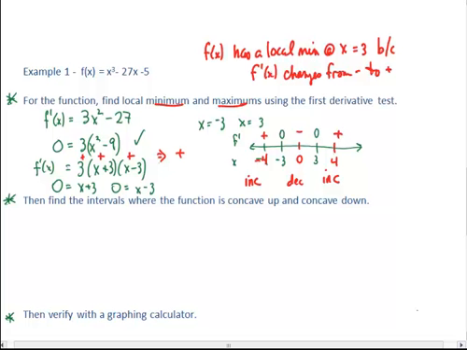You write up the statement for f of x having a local max, at what points that happens, and we'll compare answers.